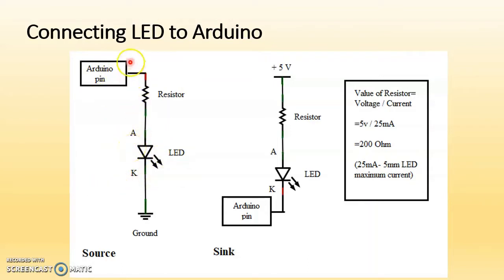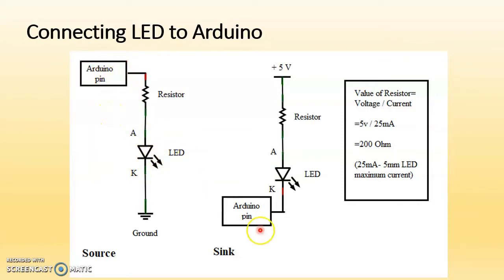As we know, an Arduino pin supplies plus 5 volt and the maximum current it can supply is 40 milliampere, so that will glow this LED. In this method, the anode of this LED is connected to the Arduino pin with the help of this current limiting resistor, and the cathode of this LED is connected to ground of the Arduino. So in this method, this LED will take current from this Arduino pin.